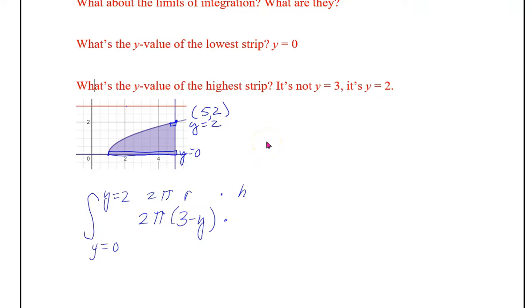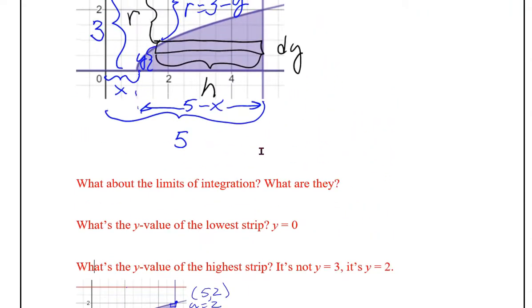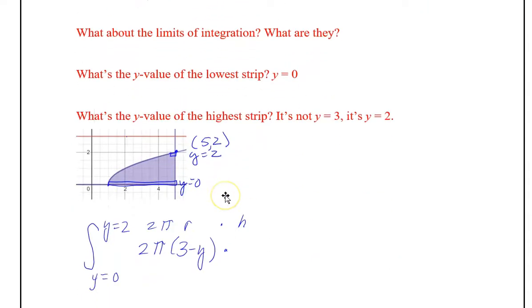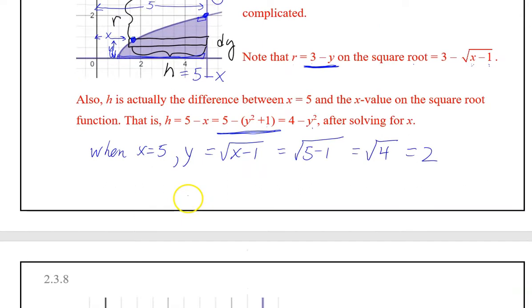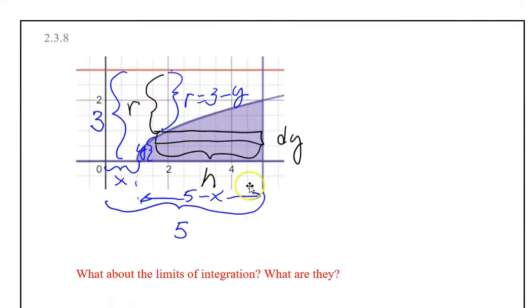This will give us the width of the piece of gum. Our height is given by 5 minus x. Now we can come down here and we can represent that by switching it to the form that we had in the previous picture: 5 minus the quantity y squared plus 1, or 4 minus y squared.